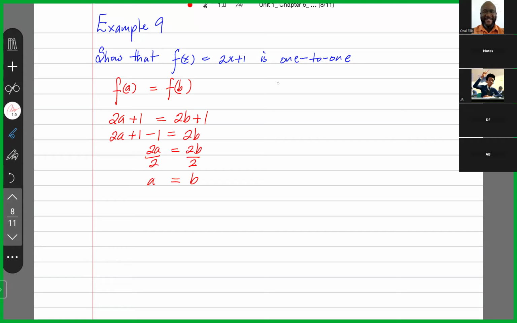So I can probably make a statement: since when f of a is equal to f of b, a is equal to b, f of x is one-to-one. Or in other words, f of x is injective.